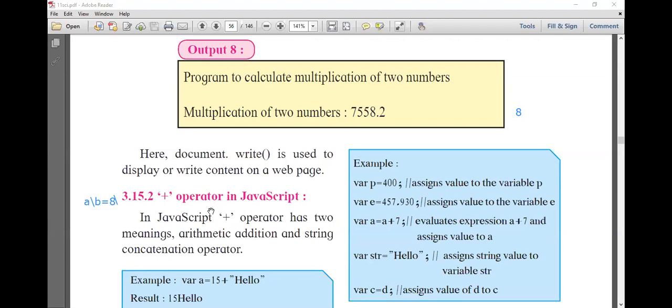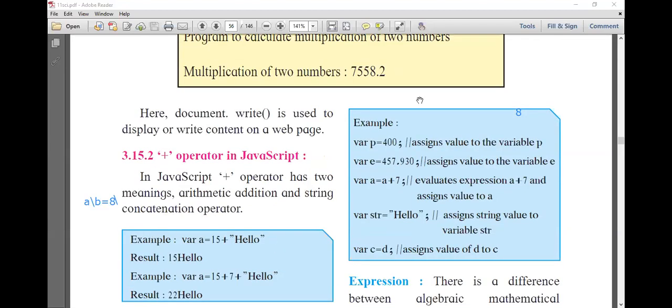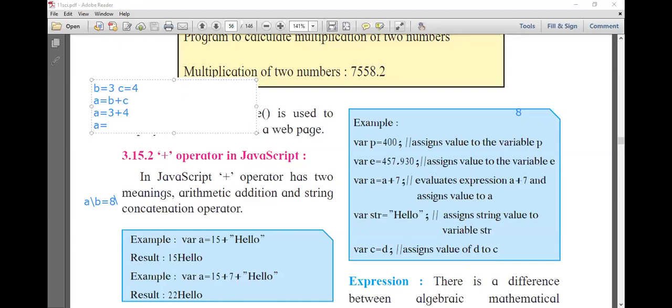See, if I write A is equal to B plus C, and just before this B is equal to 3 and C is equal to 4, then if you solve this, you will get A is equal to the value of B, that is 3, plus the value of C, that is 4, so A is equal to 7.